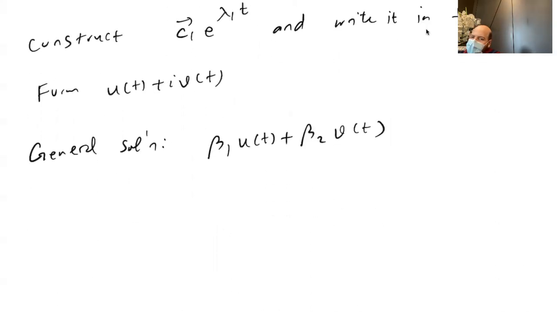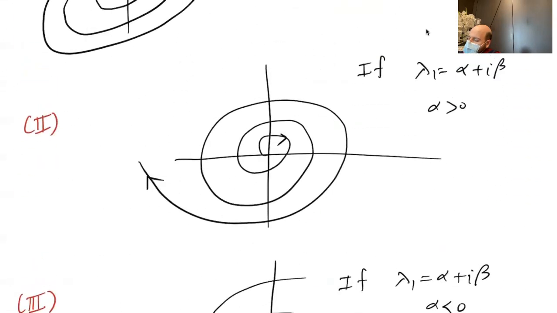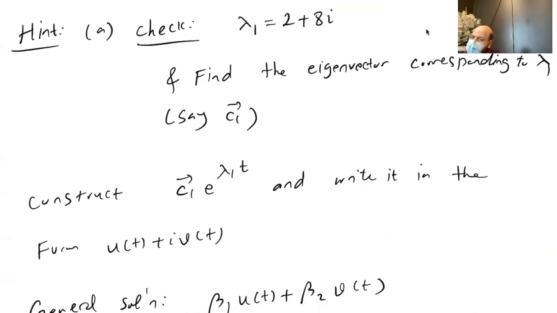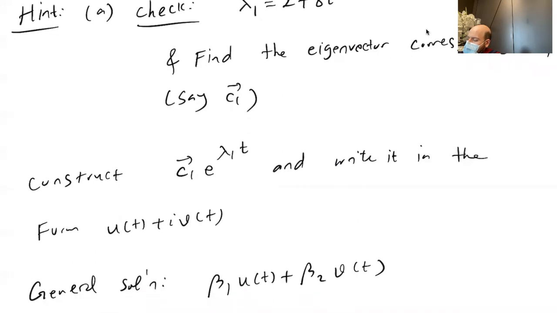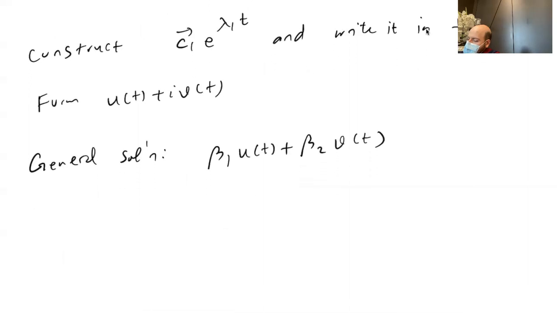And then the phase portrait, we also need the phase portrait in part A. We already mentioned that the phase portrait would look like this, because this time the eigenvalue has a real part and the real part is positive. Remember, it's 2 plus 8i. So it has a real part, which is 2, and 2 is positive. So the phase portrait will be like figure 2 above.